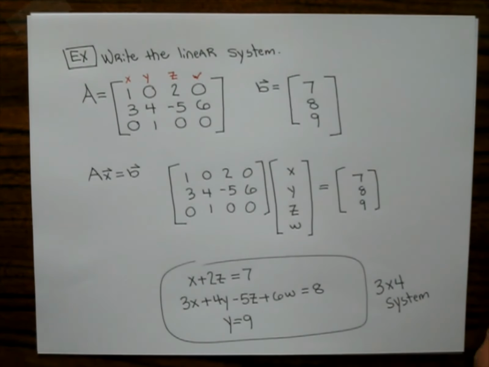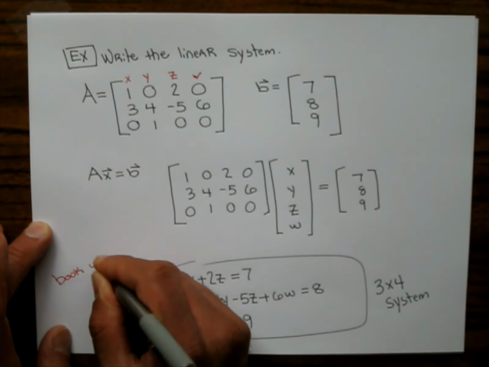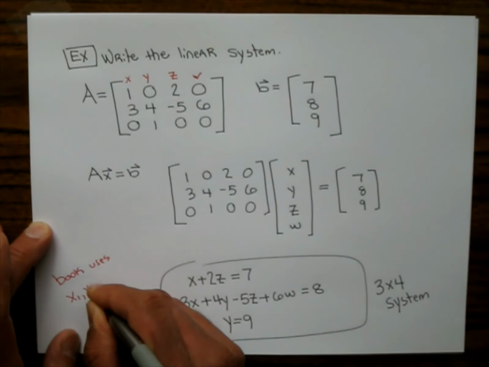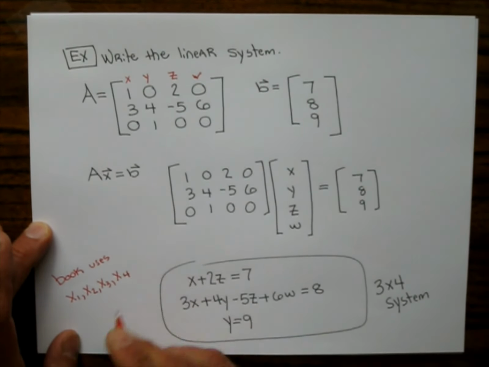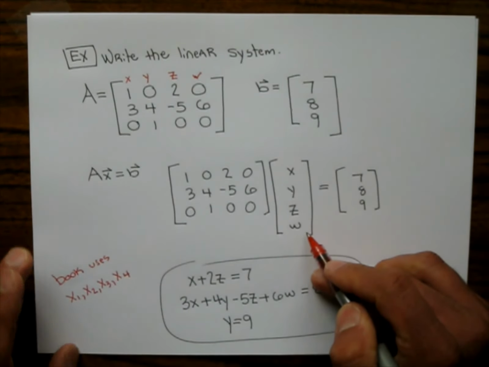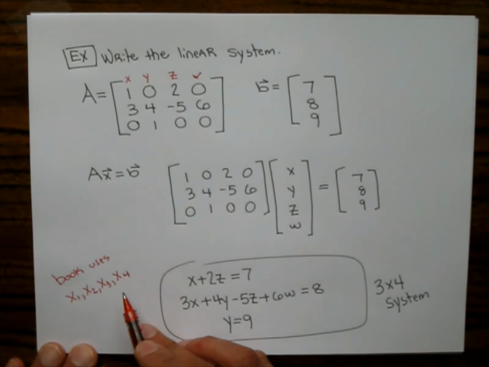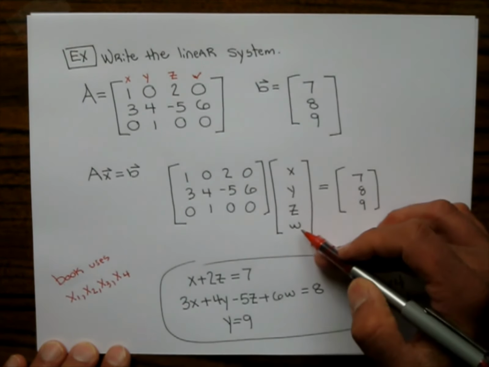And the caveat I wanted to say is the book uses x1, x2, x3, x4, and they'll use that right there. Now, I will use x1, x2, x3, x4, x5 when the variables are 5 or more.